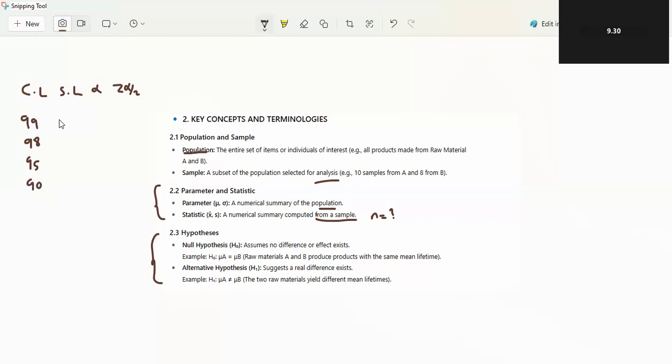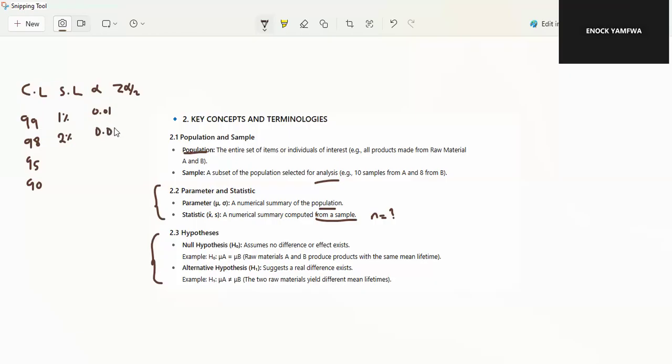So what is the significance level of 99? 0.01, 1%. Yes, 0.01, when you divide it by 100. About 98%, what is the significance level? 2%, or 0.02 when you divide it by 100.